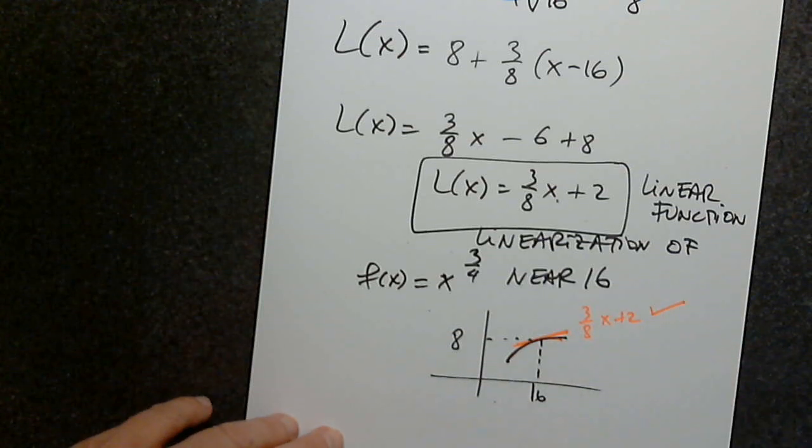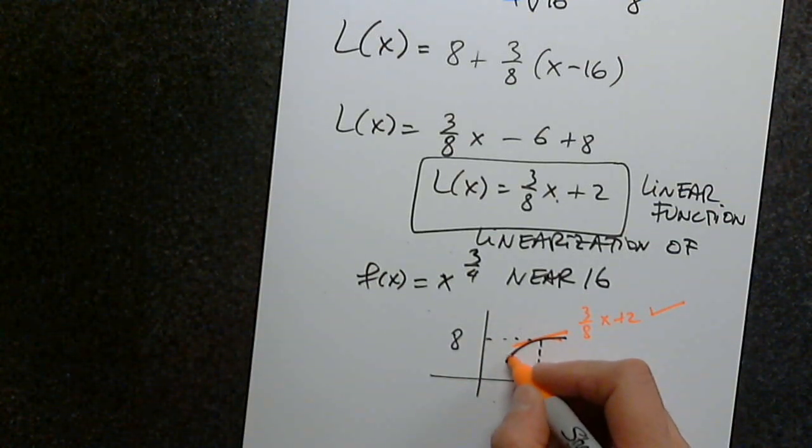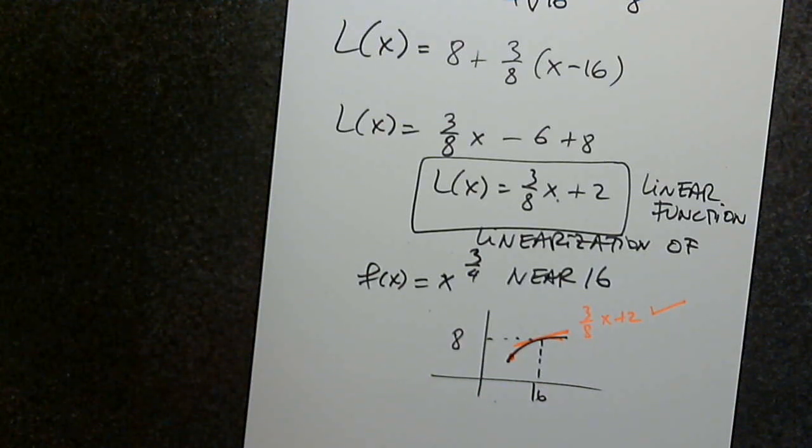But this is a very good approximation. If I deviate slightly from 16, using the linear function will give pretty much the same answer. But again, if you move here to 14, you can no longer use that. It's too far away. The error will be big. Any questions?